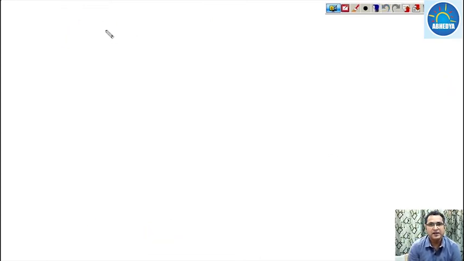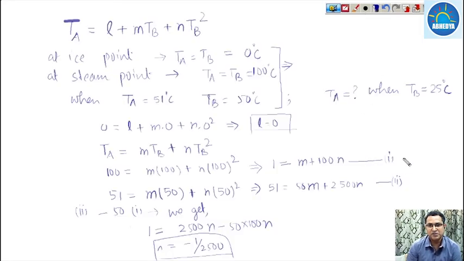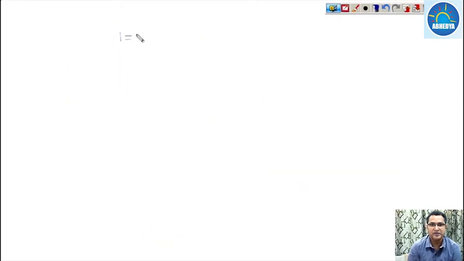So one equation is 1 is equal to M plus 100N. Putting the value of N, 1 is equal to M plus 100 times, and what is N? Minus 1 upon 2500. So this 0 cancels out.